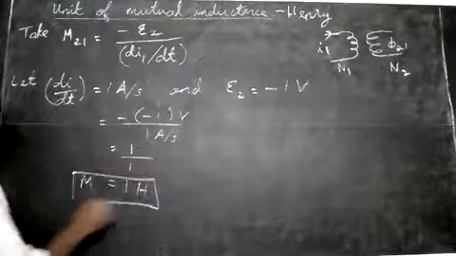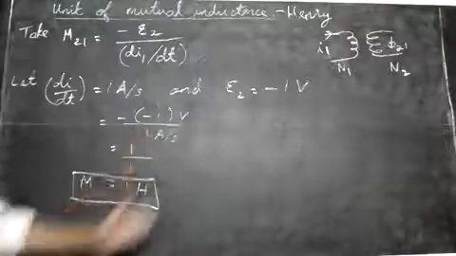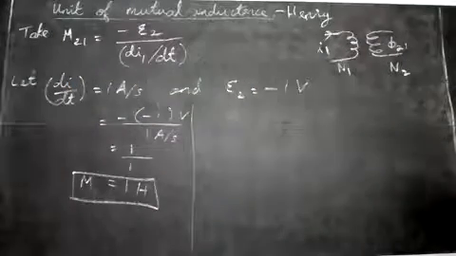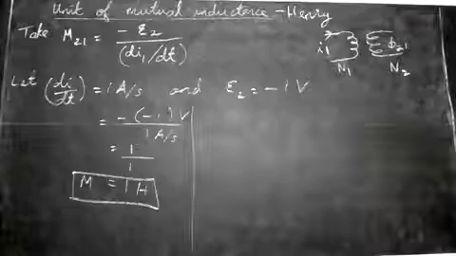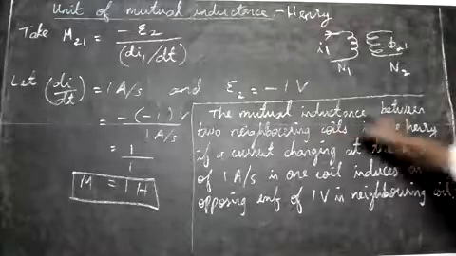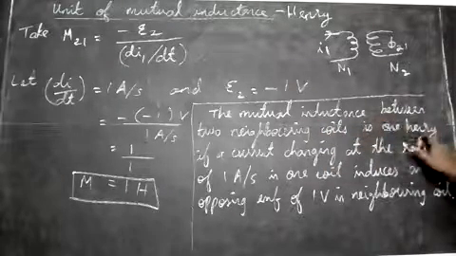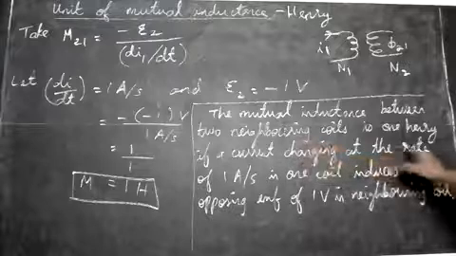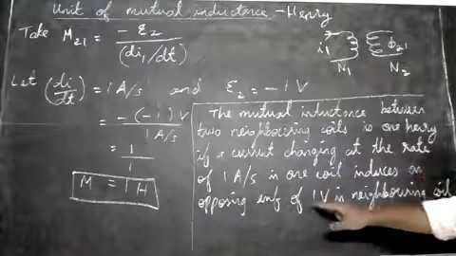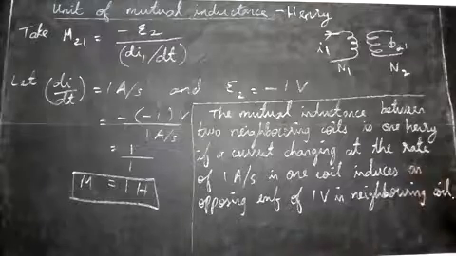Let me write the definition here. Let us see the next definition. The mutual inductance between two neighboring coils is 1 Henry if a current changing at the rate of 1 ampere per second in one coil induces an opposing EMF of 1 volt in the neighboring coil.